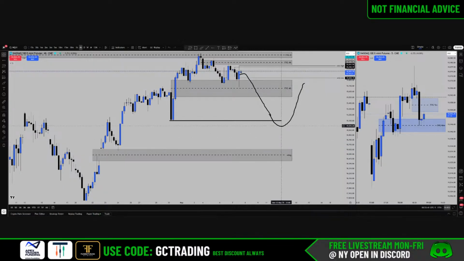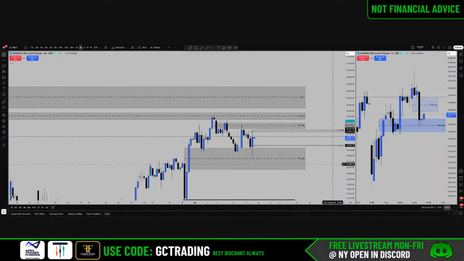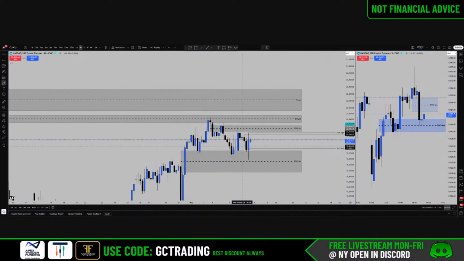And then also, let's say we start completely ripping higher through this 4 hour fair value gap. We'll probably look for this high right here inside that daily gap, and then that daily gap will probably get filled.